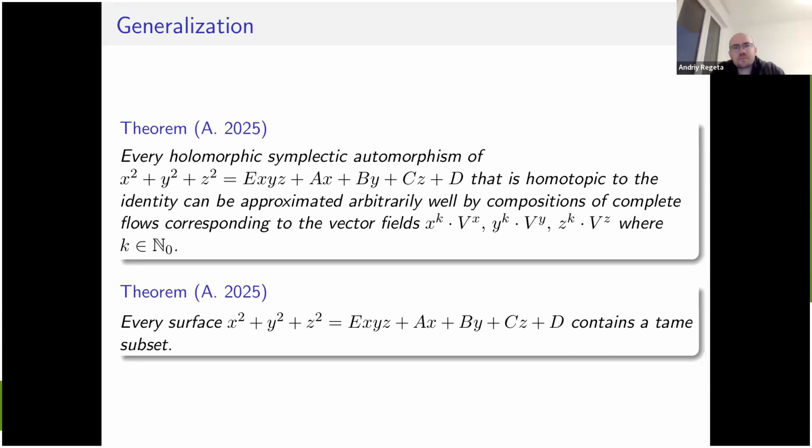More questions? Sorry, have you some information about arithmetic properties of Markov-type surfaces? Not with coefficient 3, with another coefficient.